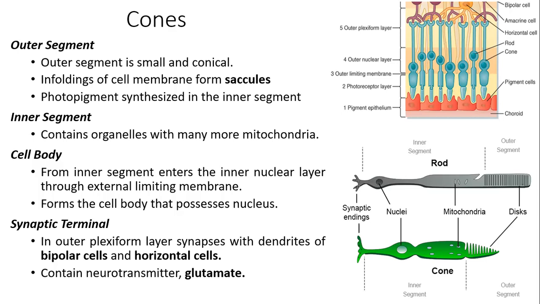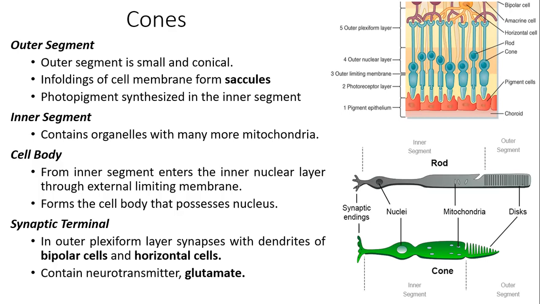Now we also have what we call the cell body. From the inner segment it enters the inner nuclear layer through the external limiting membrane and forms the cell body that possesses the nucleus.